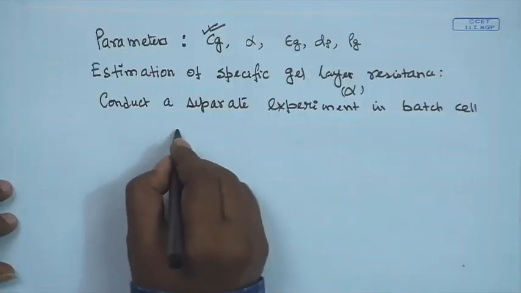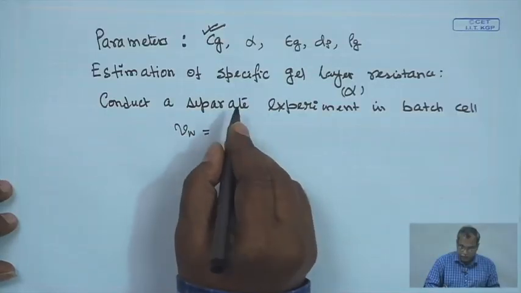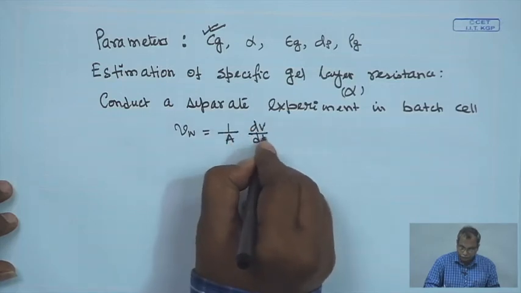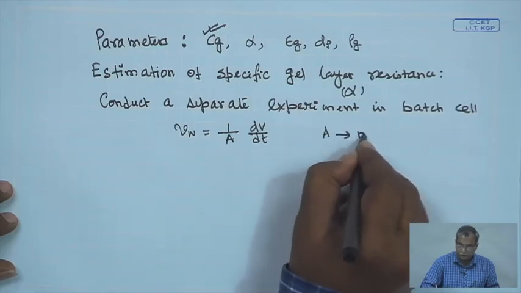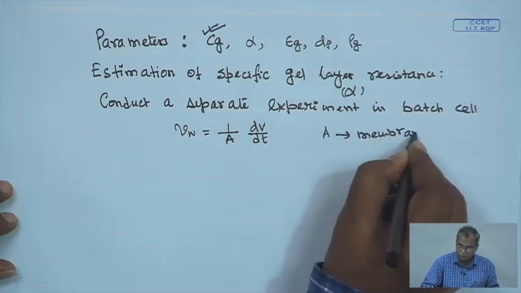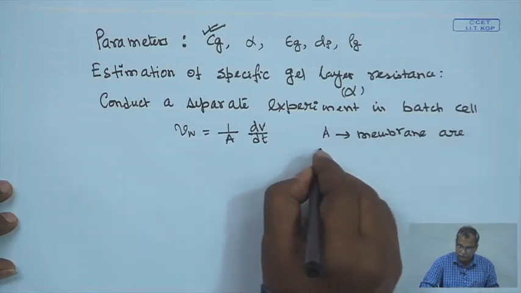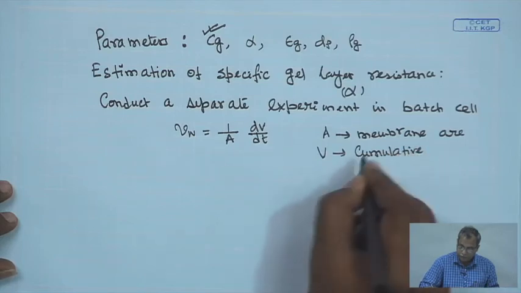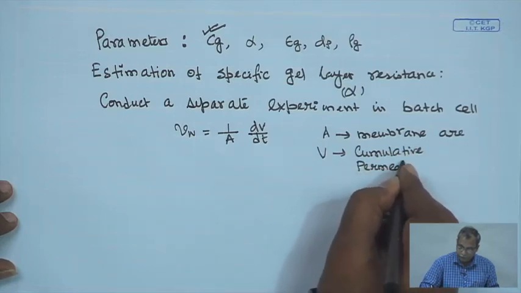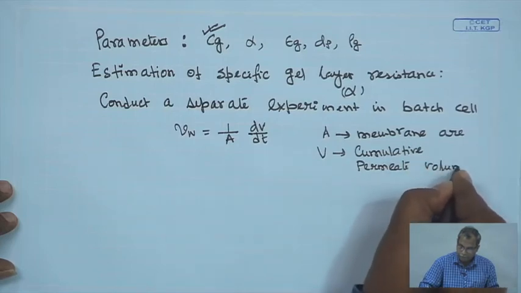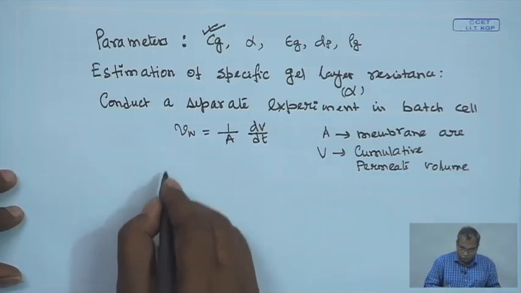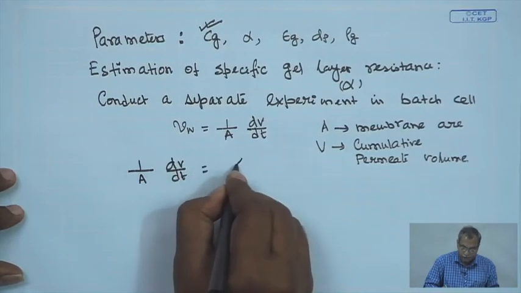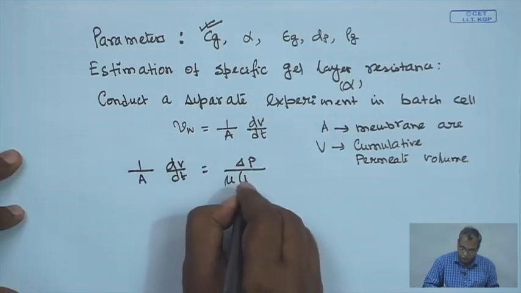Okay. So, in a batch cell, the expression for V w, the permeate flux, is nothing but 1 over A dV/dt, where A is the membrane area or filtration area, and V is the cumulative permeate volume. So we can write 1 over A dV/dt is equal to delta P divided by mu (R m plus R g).